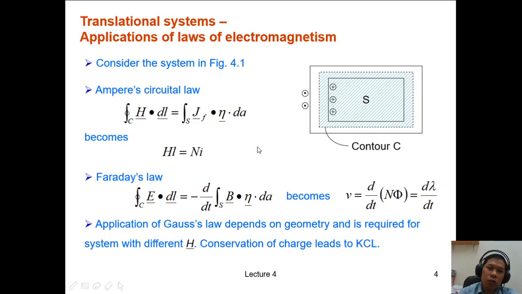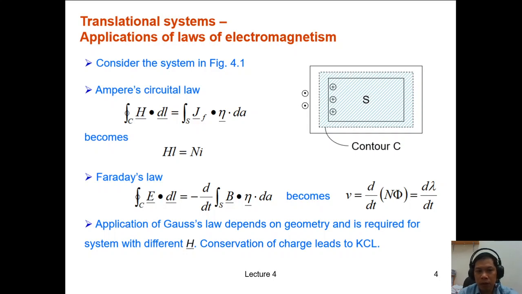I showed you before in a live stream session that on the left hand side of this Ampere circuit law, we will have H times L, where L is the length of this contour C, and H is the magnetic field intensity, and N is number of turns, and I is the current inside that coil.